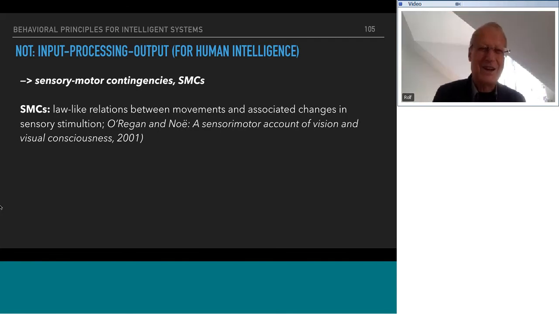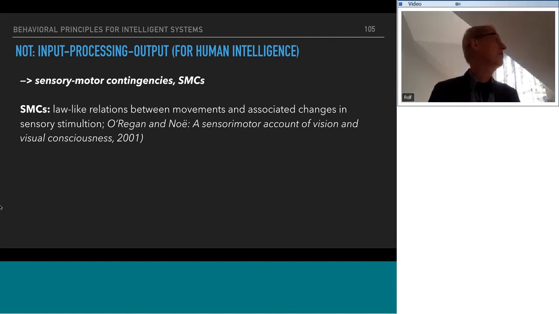That's not how intelligent systems work, but intelligent systems behave in the real world, they act, and every action has as a consequence sensory stimulation. And sensory motor contingencies are law-like relations between movements and associated changes in sensory stimulation.